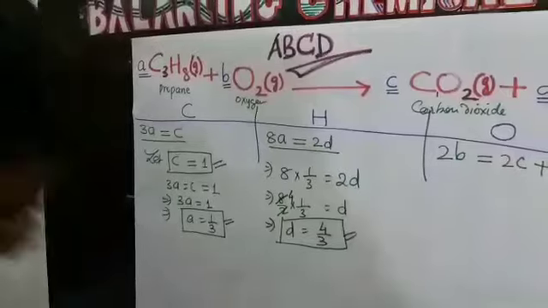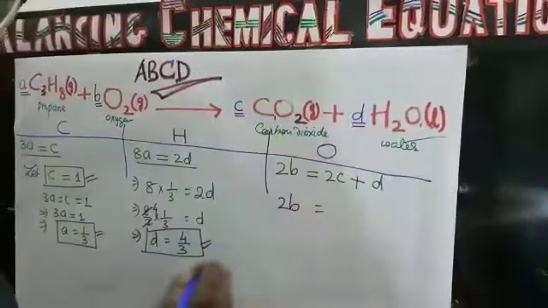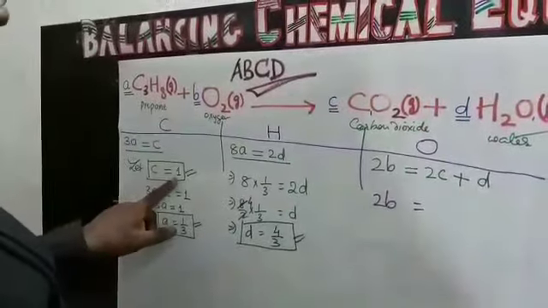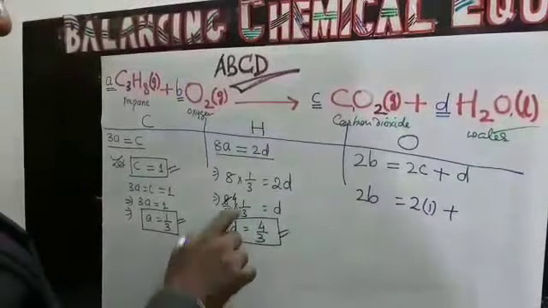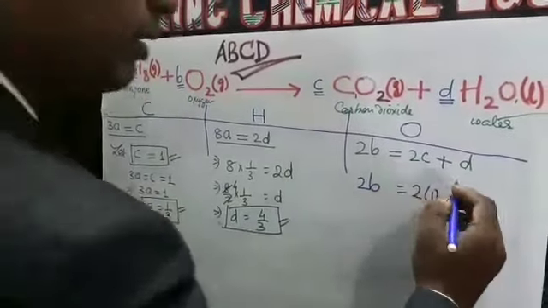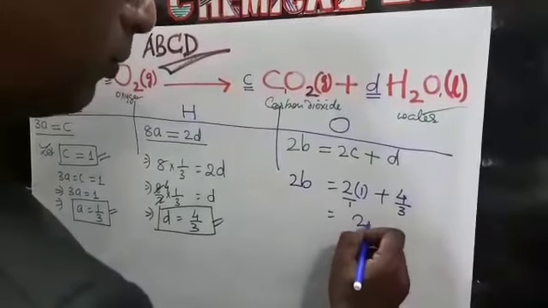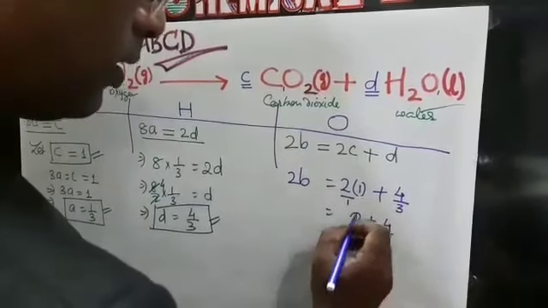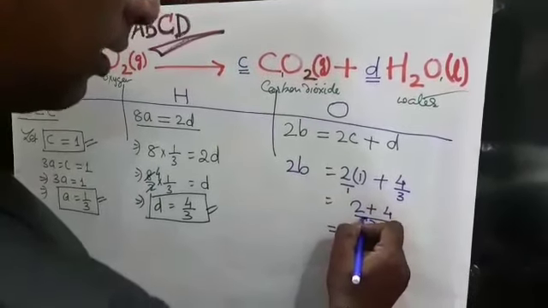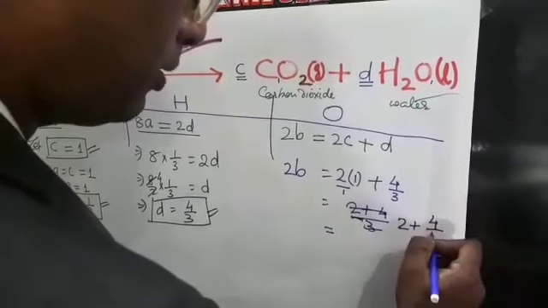Now let's substitute the values to find the values for B and C. Now C is 1, so 2 into 1 plus D, we know D is 4 by 3, we'll substitute here, 4 upon 3, equal to 2 plus 4 upon 3. There is a correction here, 2 plus 4 upon 3.